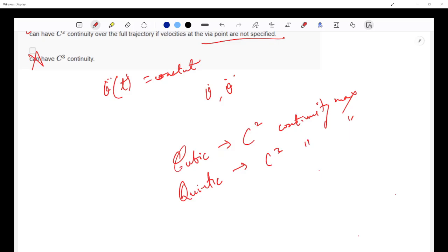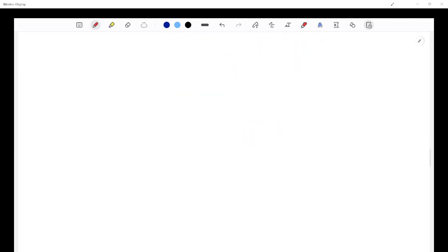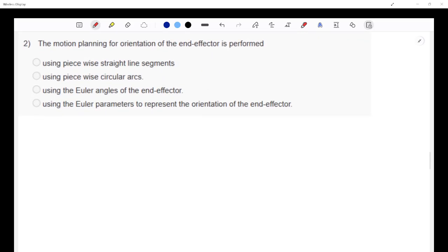Okay. Let's move to the next question. The motion planning for orientation of the end effector is performed using piecewise straight line segments, using piecewise circular arcs, using the Euler angles of the end effector, or using the Euler parameters to represent the orientation of the end effector. Okay. So we want to know how the motion planning of orientation of the end effector is performed.